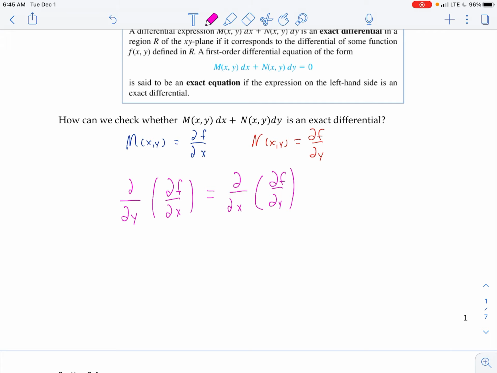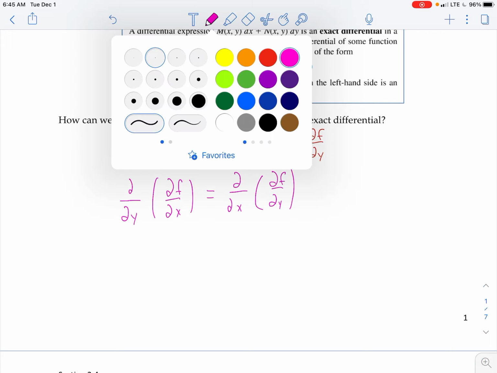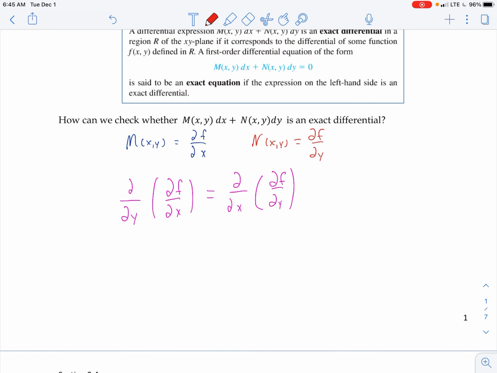So in order to check whether they are an exact differential, we're going to take M, which is already the partial derivative with respect to x, and take its partial derivative with respect to y. And we're going to see if that is equal to N, with its partial derivative taken with respect to x.